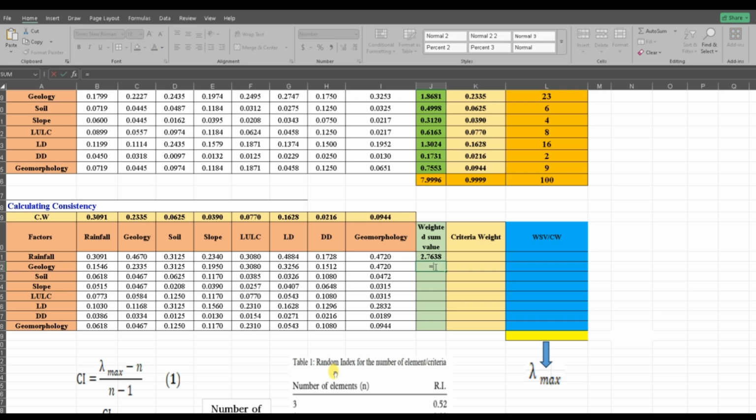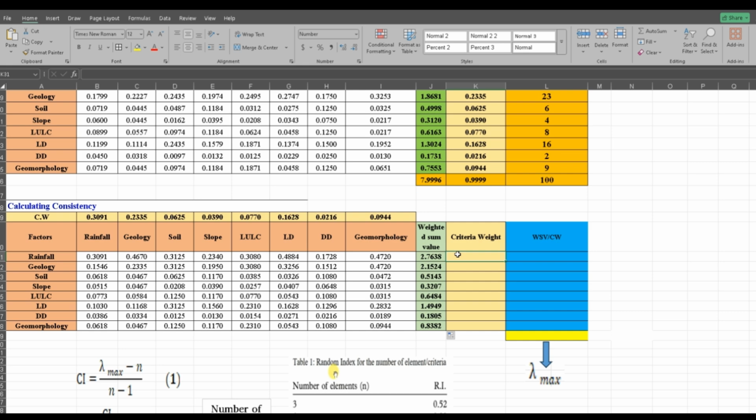For the second, the weighted sum value is equal to the sum of all these values under the geology row. The third weighted sum value is equal to the sum of the soil row. In the same way, you can calculate the weighted sum value for each row.